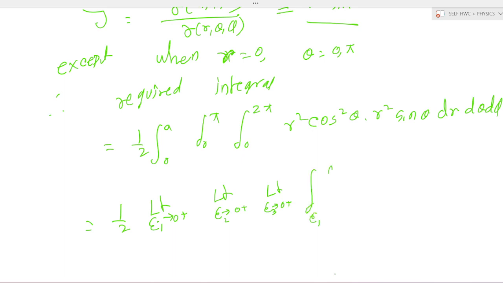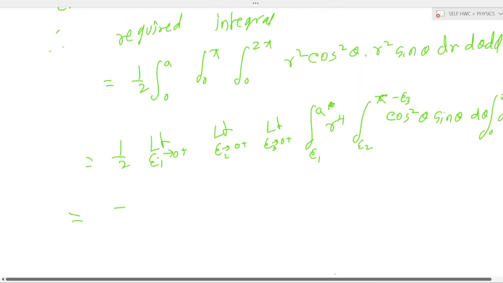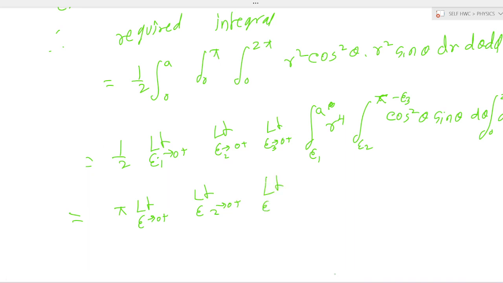Okay, and this value is epsilon 1 to a r to the power 4, and epsilon 2 to pi minus epsilon 3 cos square theta into sin theta into d theta, and 0 to 2 pi into d phi. So it is equal to pi into limit epsilon 1 to 0 positive and limit epsilon 2 to 0 positive and limit epsilon 3 to 0 positive.